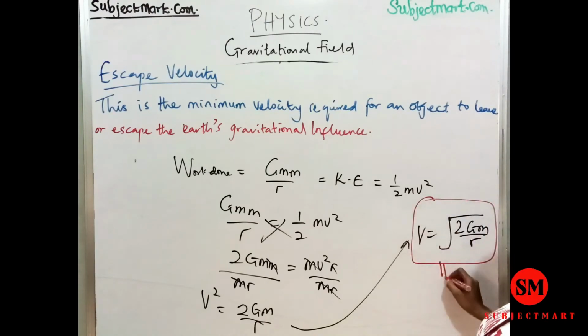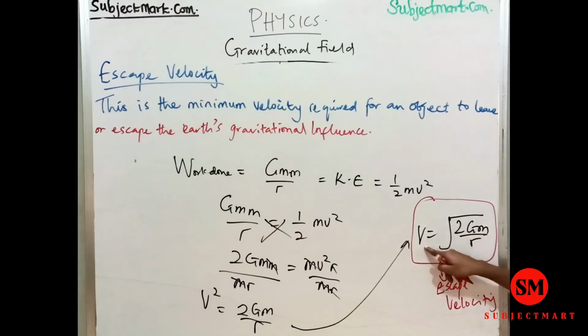So our escape velocity, v. Our r is the radius, v is the escape velocity, G is the gravitational constant, and M is the mass.